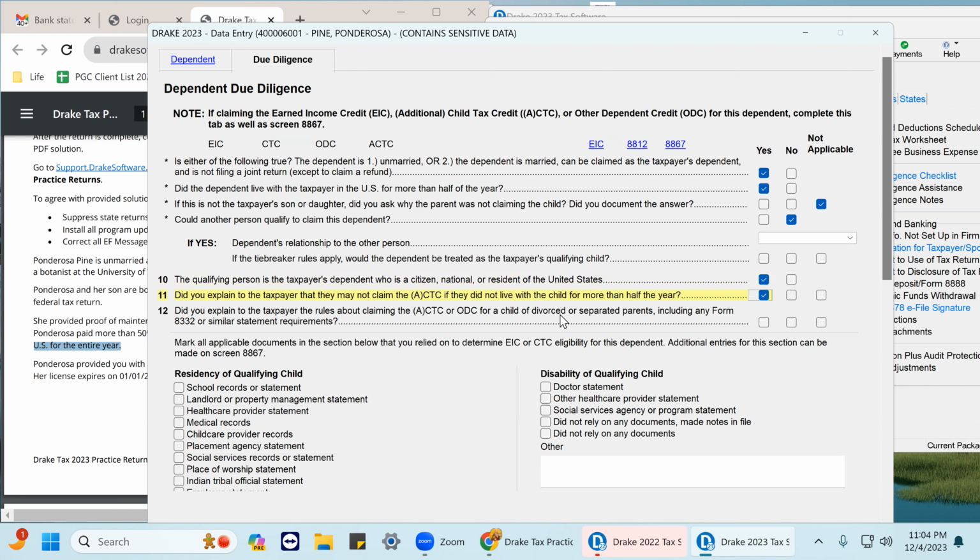Did you explain it? It's obvious. You must explain it. Whether or not they qualify or not, you always explain it. They can be either or, right?